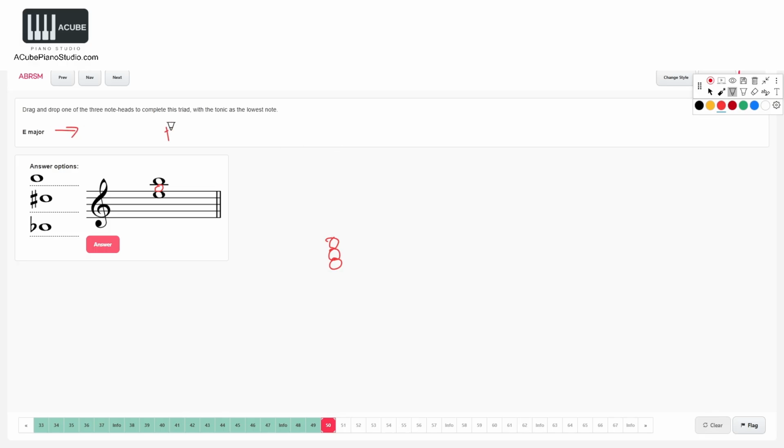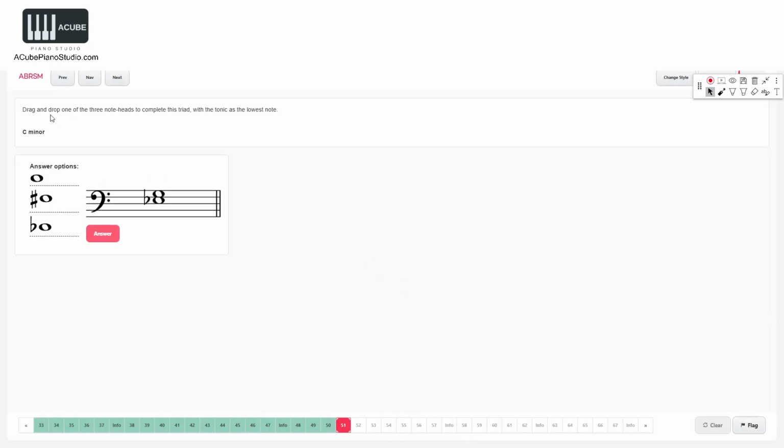E major has F sharp, C sharp, G sharp, D sharp, right? And the tonic triad is E, G sharp, B. We need a sharp for G because the key signature has G sharp. So I need to put a sharp here to form my G sharp. So this is the answer. Hold on, it's a bit out of alignment. Okay, great. This looks good.